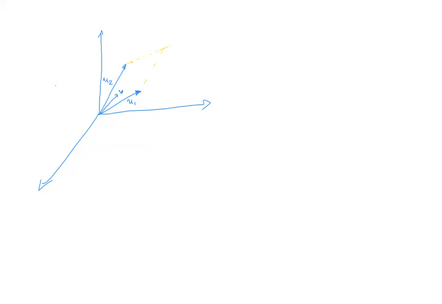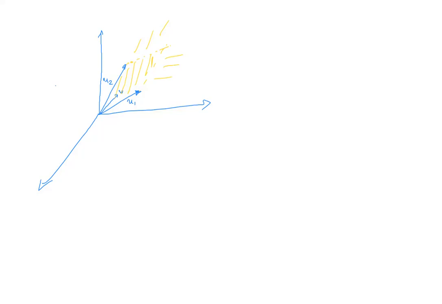It's this parallelogram and everything that it extends to. That's a plane. For the vector v to be a linear combination of u1 and u2, it has to belong to the plane that is spanned, as we say, by u1 and u2.